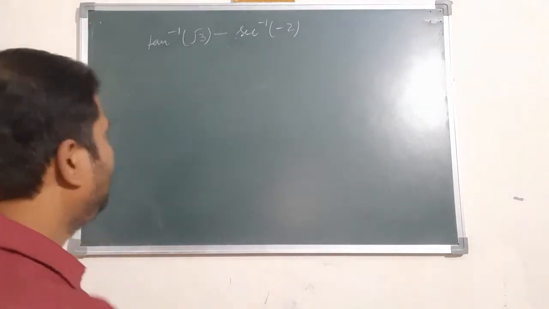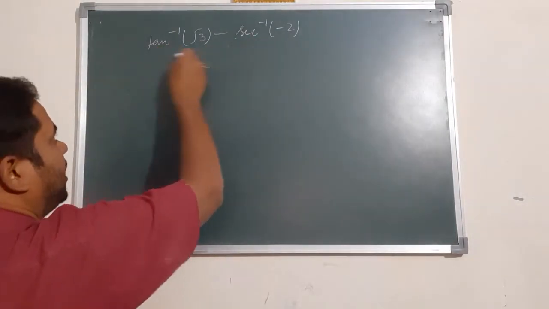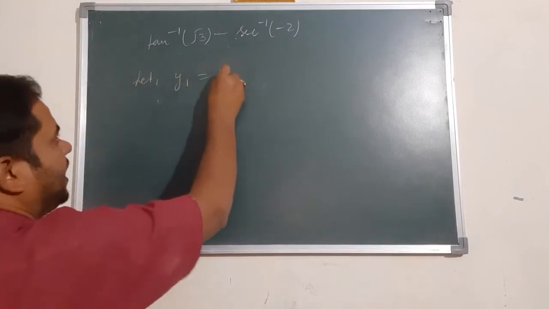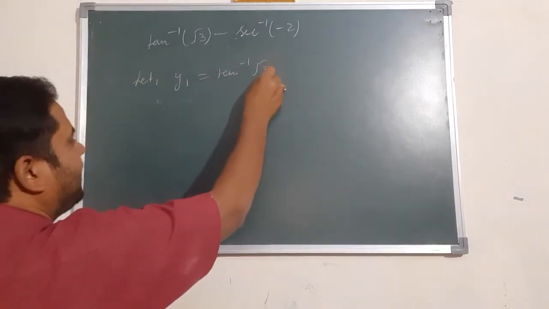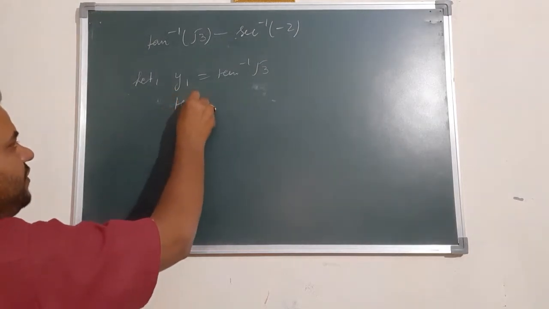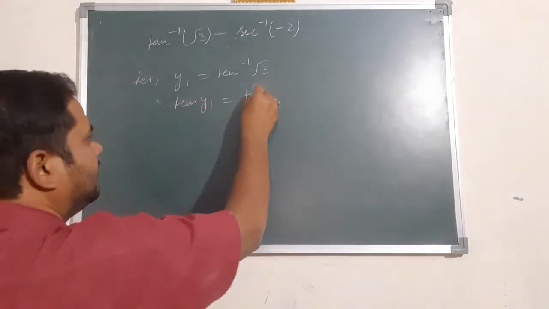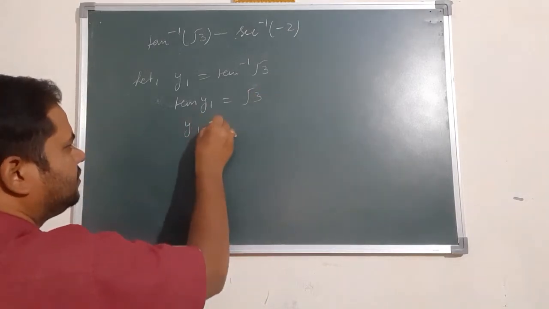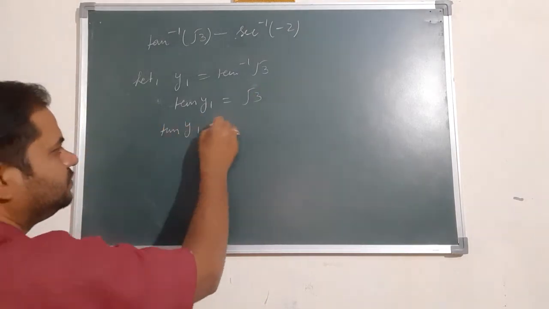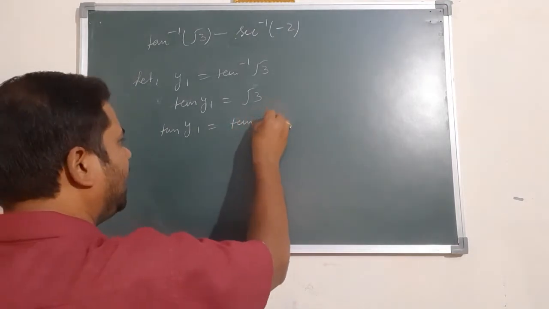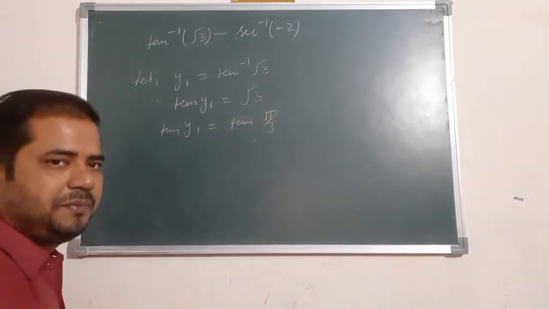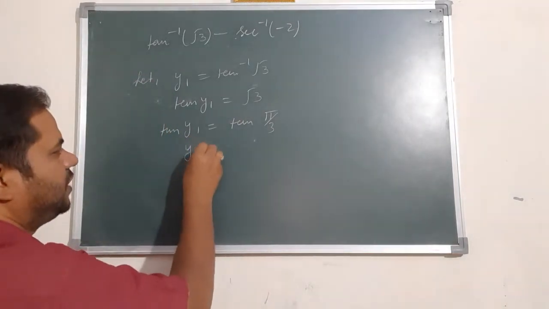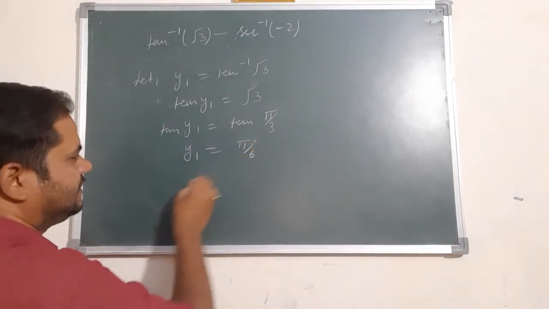First of all, let this be y1 and this be y2. Let y1 be equal to tan inverse root 3. So tan y1 is equal to root 3, so tan y1 is equal to tan of pi by 3. It is 60 degrees, so this is tan 60. So y1 is equal to pi by 3.